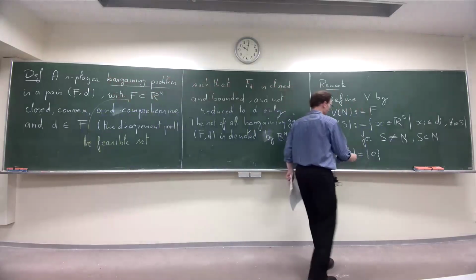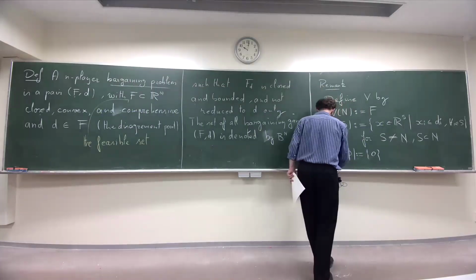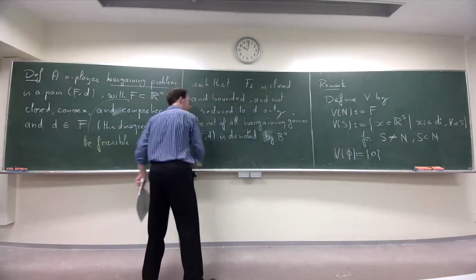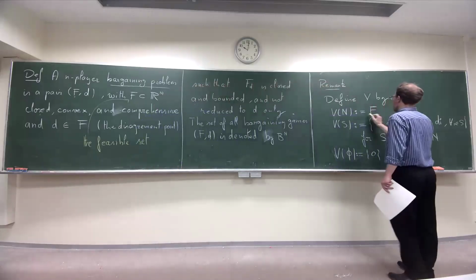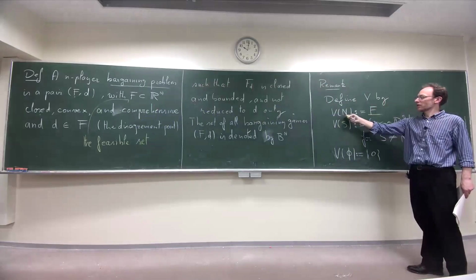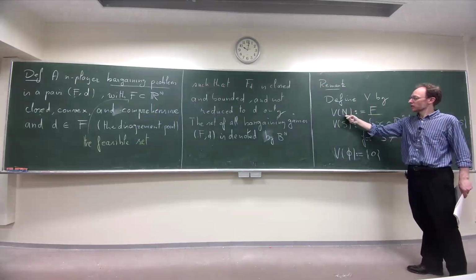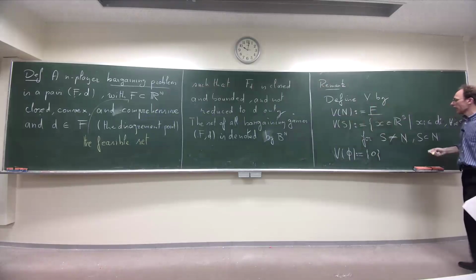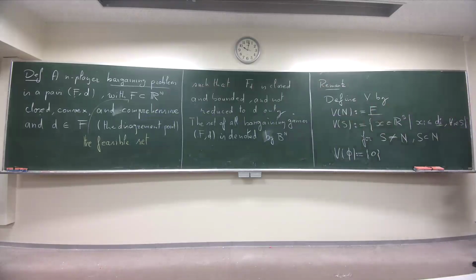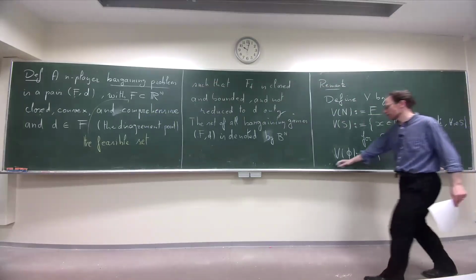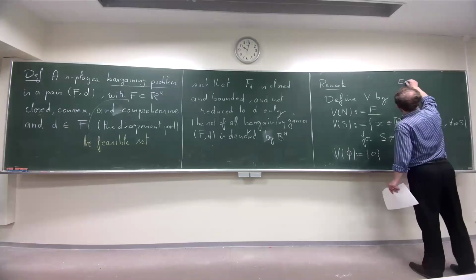I define a V. And you can see V contains the information about F, so it's a V associating to this grand coalition F. And it contains the information about D, because V of S is a set of points which have components smaller than d_i. So in my definition of the function V, I use the two pieces of information. And now there is an exercise you can do even if you are first year.